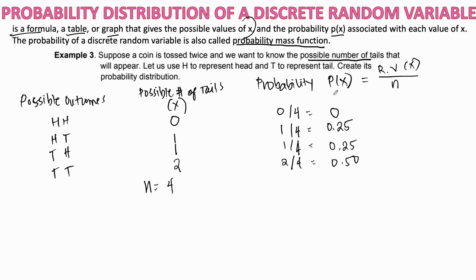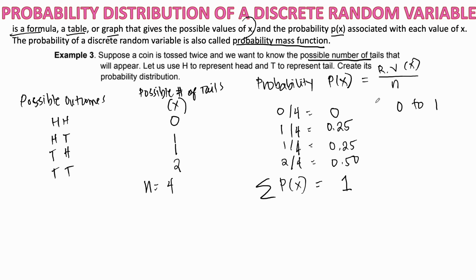Now, yung probability P of X nyo, isang characteristic niyan is dapat ang summation ng P of X mo ay 1. At hindi siya mag-exceed sa 1. Okay? And yung mga probability mo ay dapat 0 to 1 lang siya.